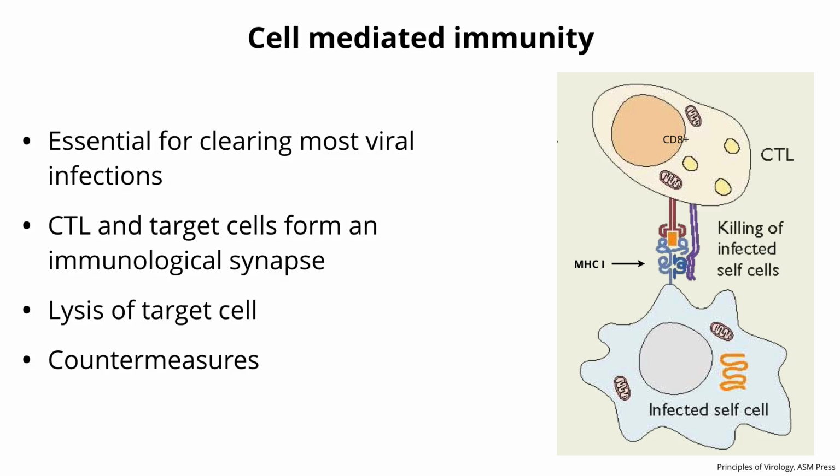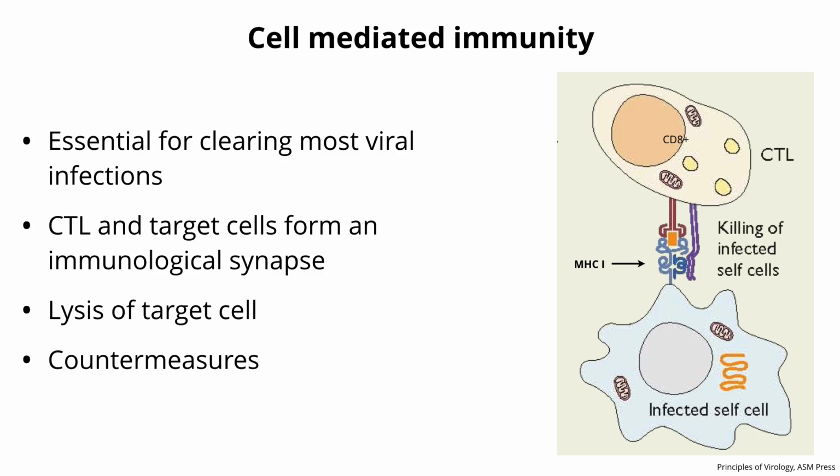These cytotoxic T lymphocytes make what we call an immunological synapse with an infected cell. On the bottom is the infected cell, and all of our cells have MHC1 on them. They display peptides. For example, if this was a virus-infected cell, it would be displaying viral peptides on its surface in the context of MHC1.